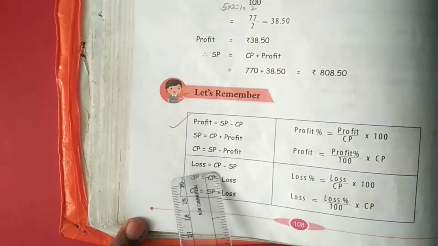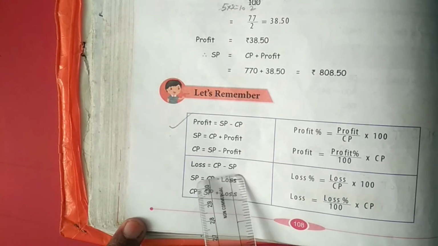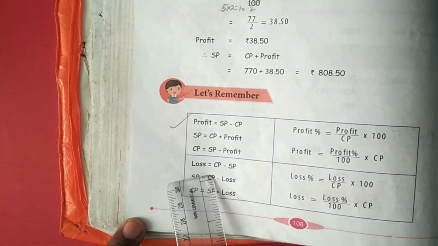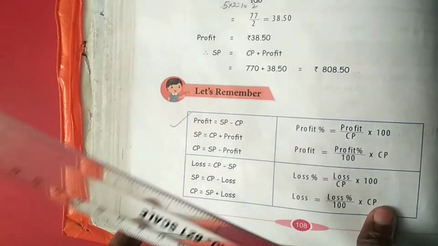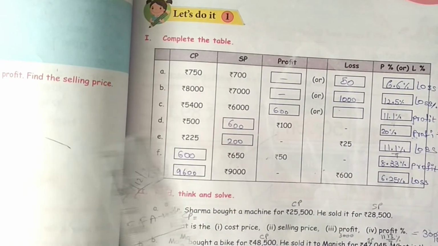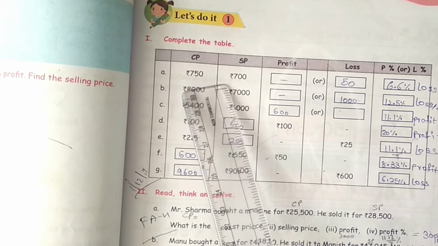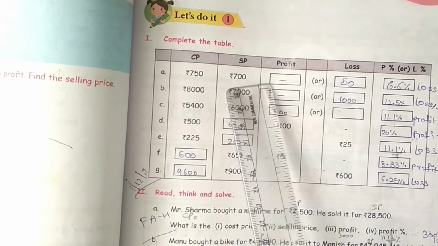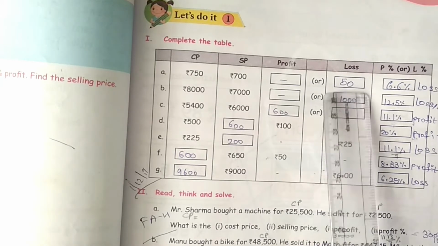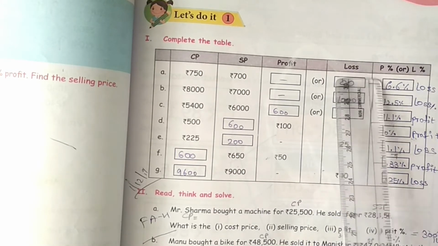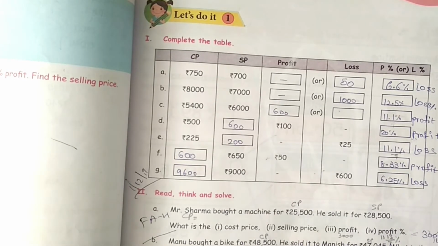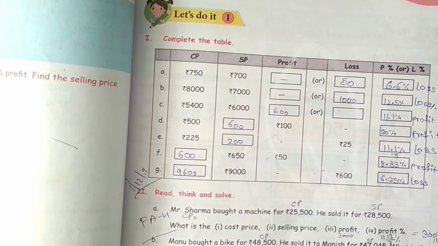So here you see the table they have given. Cost price minus selling price is equal to loss, right? Now see here, 750 minus 700. So the amount we are getting is 50. So this is the loss. Now we have to find out the loss percentage.